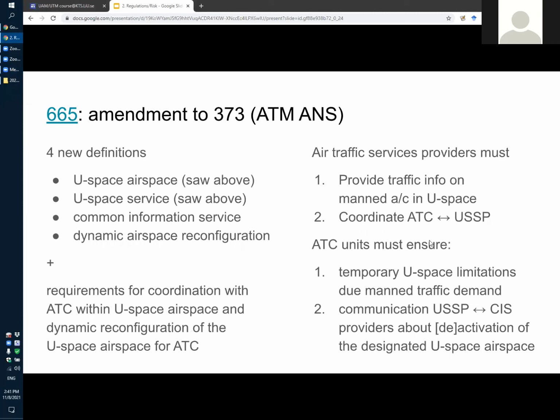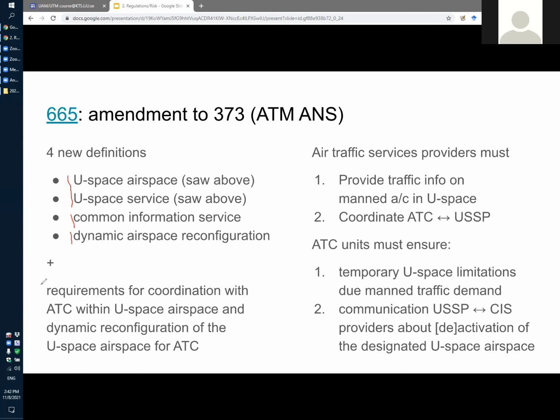Now 665 is also a small amendment to Regulation 373 about air traffic management and air navigation services. It gives the definitions of U-space and U-space services. We saw it also in 664. It speaks about this common information service and dynamic airspace configuration. Again, we don't go too much into the details in a lecture.